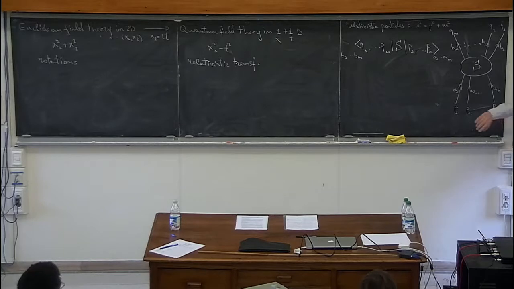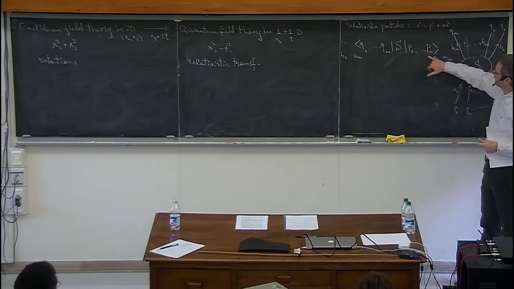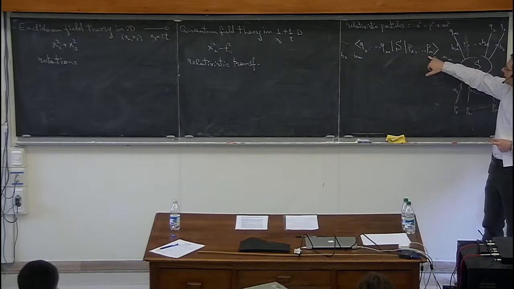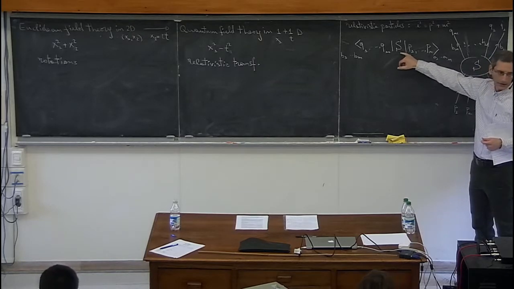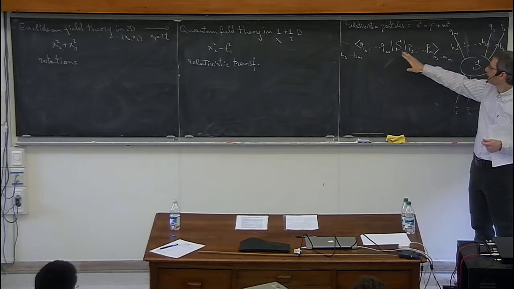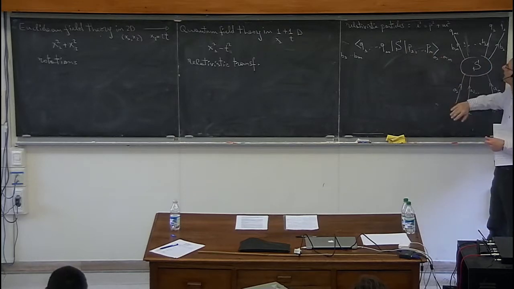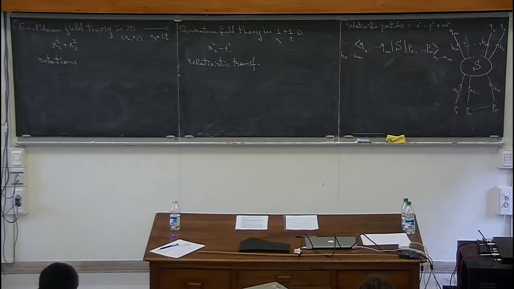So what's the meaning of this? Is that I have an initial state here on which I act with a scattering operator. So this is an operator which acting on the initial state determines the effect of the scattering.